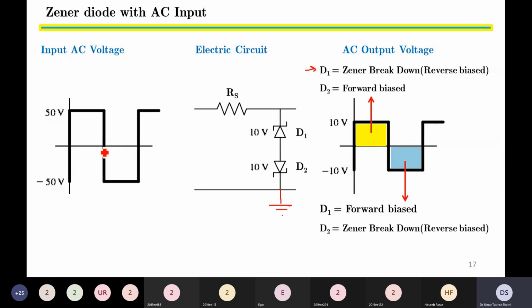Now for the second part, we want to see what will happen from time pi to time 2 pi, when the input voltage goes from pi to 2 pi.